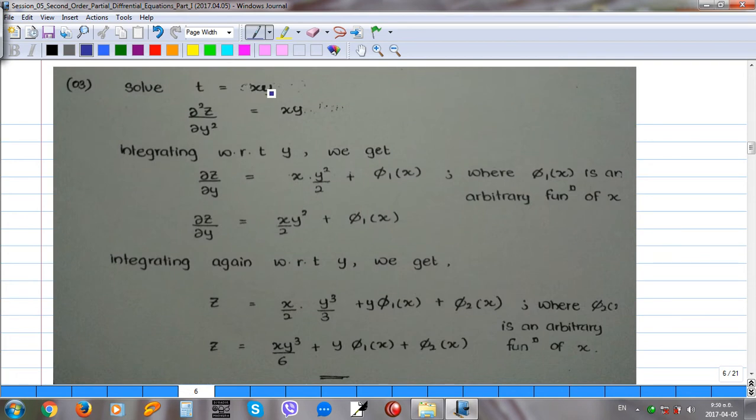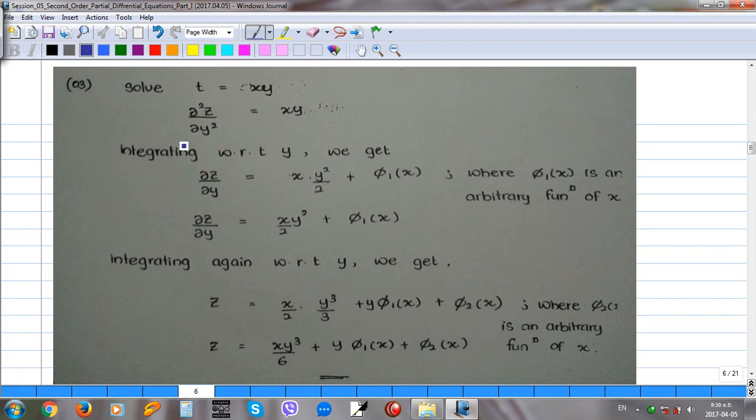There is another example, that is t equals x times y. You know that according to the definition, t equals ∂²z over ∂y² equals x times y. So this one, first you can integrate with respect to y. Now ∂²z over ∂y², you have to integrate with respect to y.